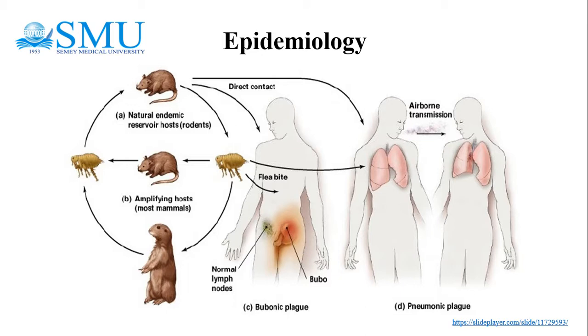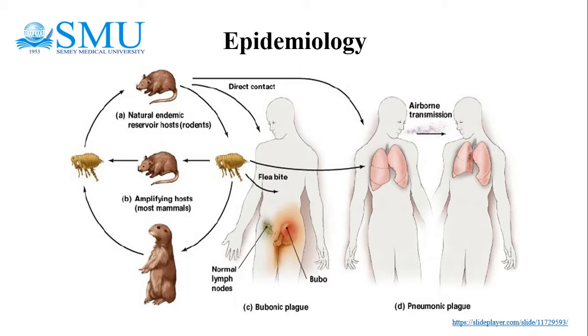Mode of transmission: human plague is frequently contracted from the bite of an infected rat flea, which is most common, from direct contact with tissues of infected animals or rodents, from droplet inhalation man-to-man from cases of pneumonic plague, and from the bite of an infected human flea. Now, the blocked flea in a blood meal.